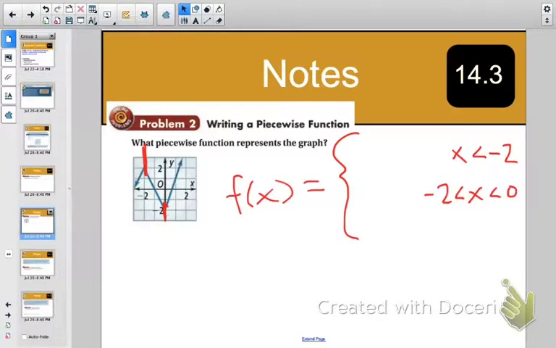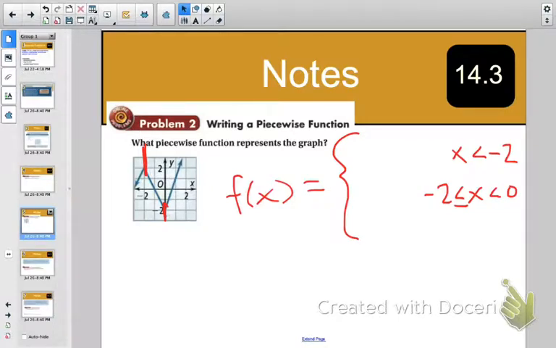But remember, I didn't put an equal sign there, so this one has to be equal. That way they overlap and fill each other in. They can't both be open in this case because there's no hole in the graph, and they can't both be closed or else it would not be a function.